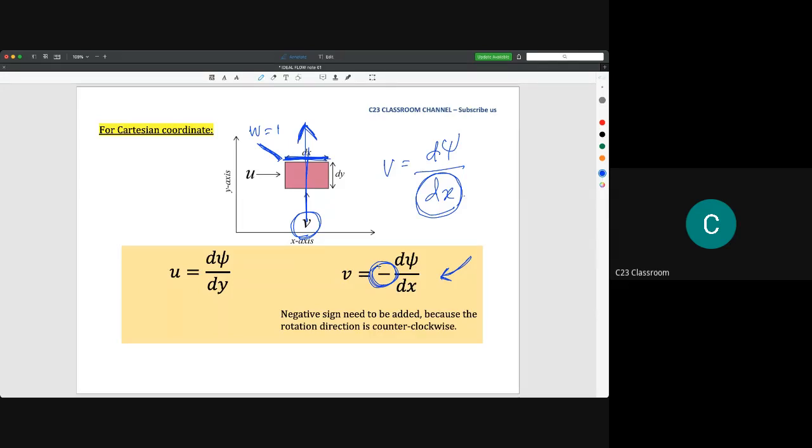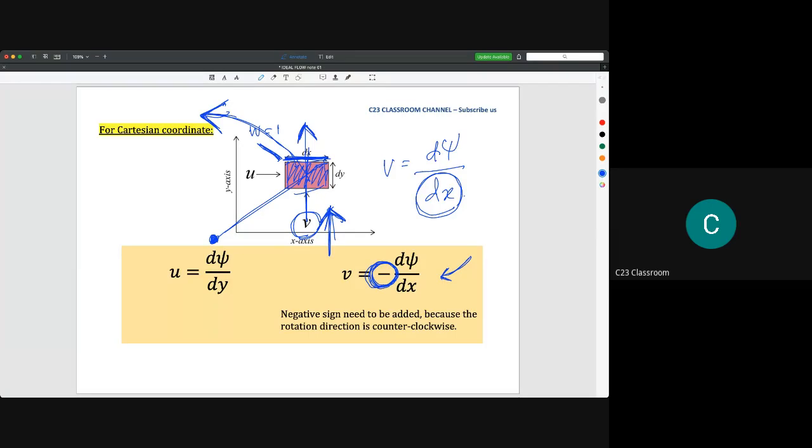If the velocity is moving upward like this, and this molecule is nailed at one center point here, then this molecule has a tendency to rotate counterclockwise. Because it has a tendency to rotate counterclockwise, we put a negative sign in these terms.